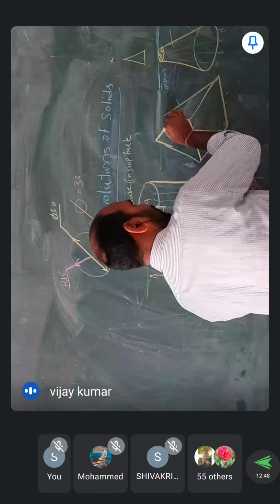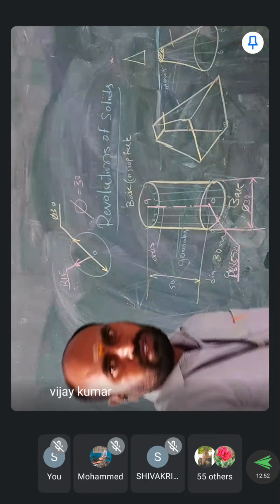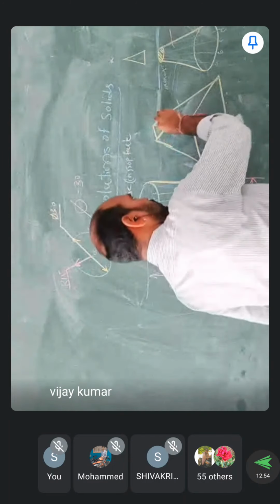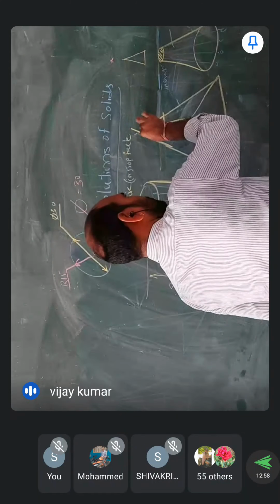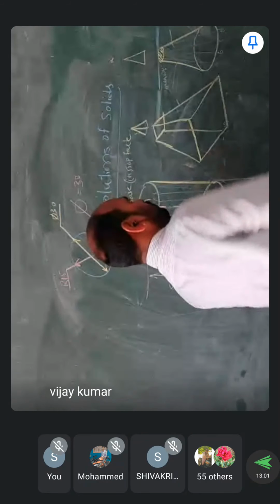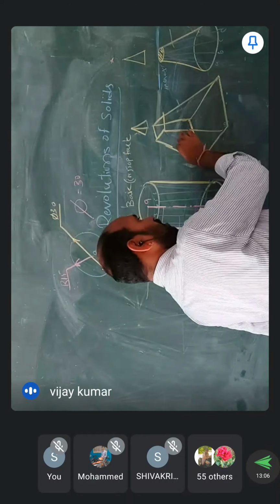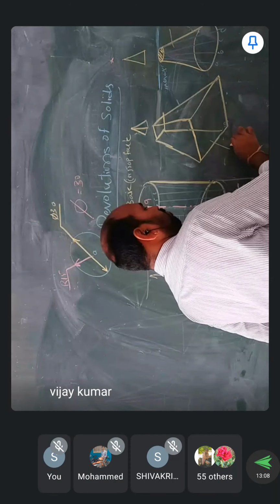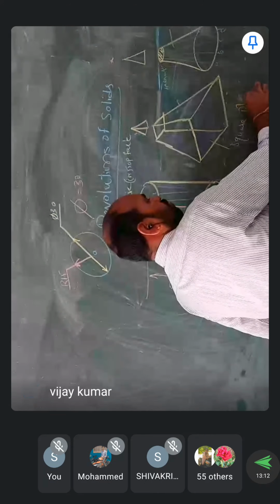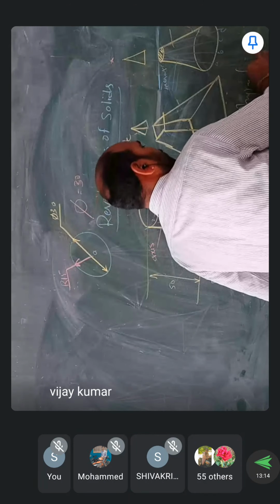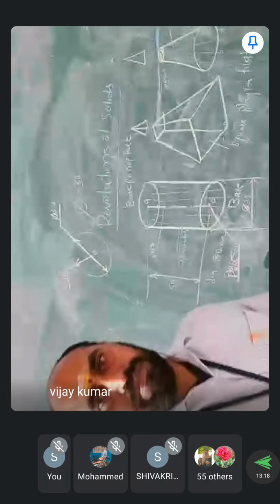This is the one part, and this is the next part. So actually the real cone is cut and the small part is removed. The remaining solid is also called here the square pyramid frustum.